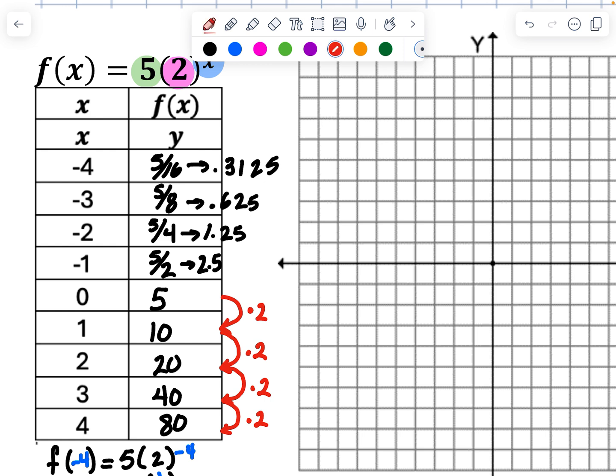You'll notice that if you take this number and multiply it by 2, you get 0.625, and if you multiply that by 2, you get 1.25, and if you multiply that by 2, you get 2.5, and if you multiply that by 2, you get 5.